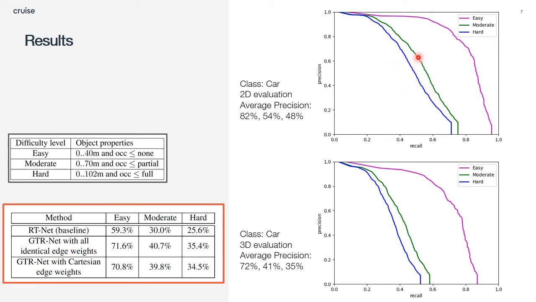Here you can see the precision recall curves for 2D bird's eye view evaluation and the same curve for 3D evaluation for the predictions of our network with graph convolutions. The network without graph convolutions performed roughly 10% worse for all 3 difficulty levels.